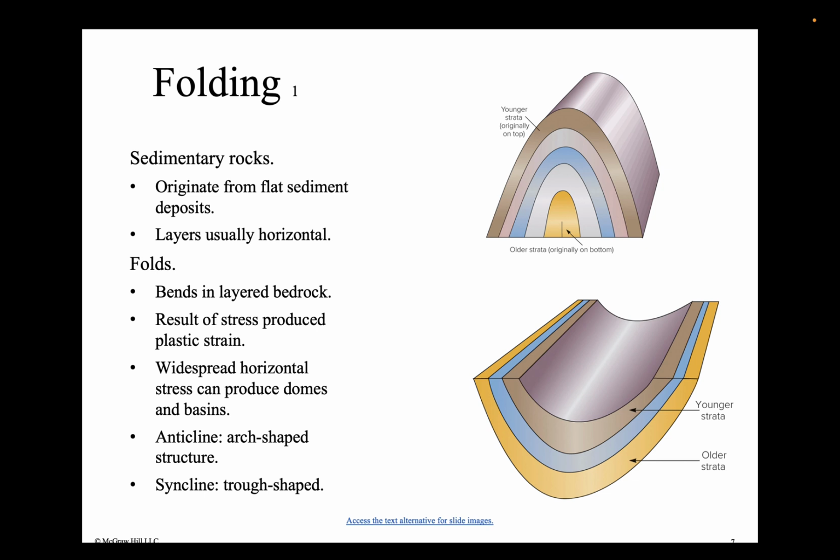However, because of these stresses, especially the compressive stress that the rocks are submitted to, those layers can be bent, okay? So when the layer bends, we call that bend a fold, okay? So folds are the bends that happen to the layered bedrock.